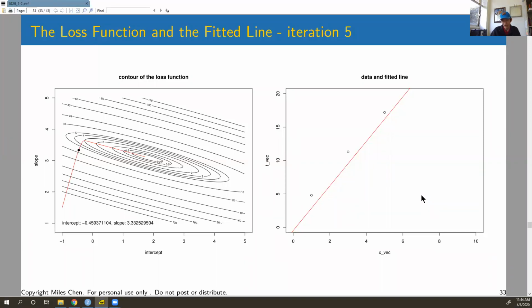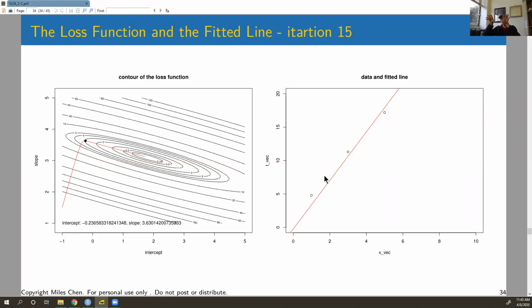After several more iterations, this is where we go. Finally, we're at a situation where the line is above a data point over here and below a data point here. Here the slope is 3.6 and the intercept is negative 0.23. We're doing a better job, but again it's not quite perfect. This is not quite the best line, so we need to tweak this.